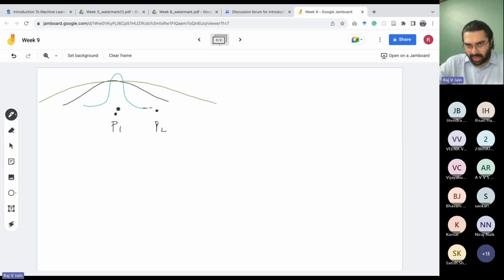If it is a very small kernel width, then these large distances will shrink very quickly, so you're looking at a very close neighborhood of your point. When you have a larger kernel width, you're looking at a larger space, so points which are at more distance also will have a control over what your final output is. Kernel width is also a hyperparameter. You generally tune that with the validation set.